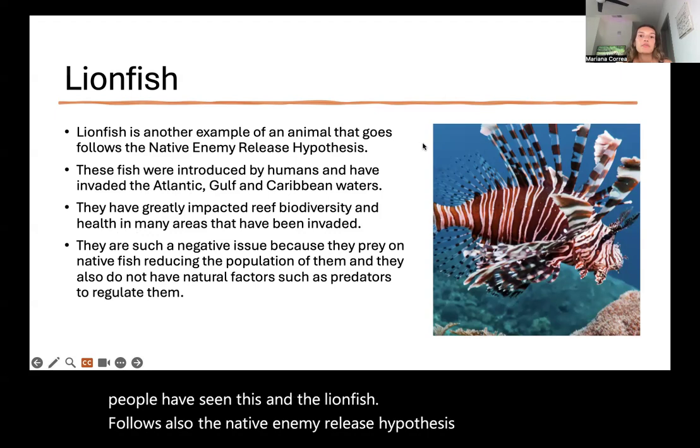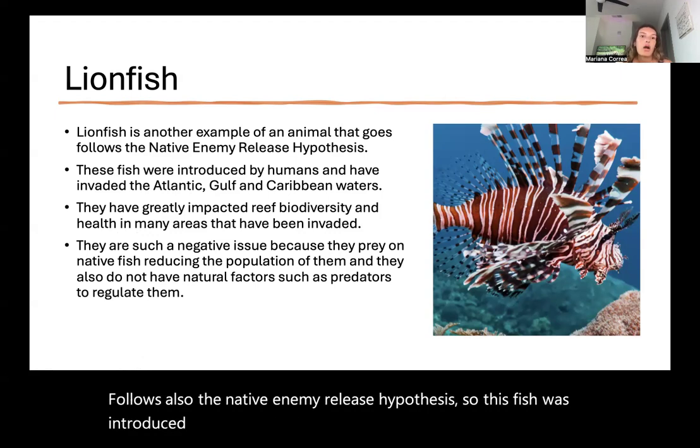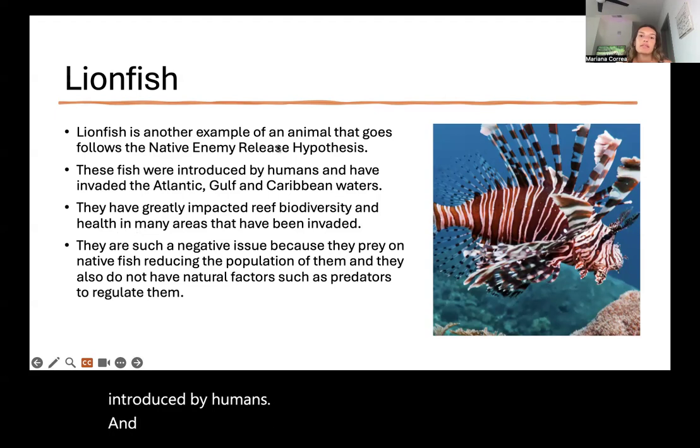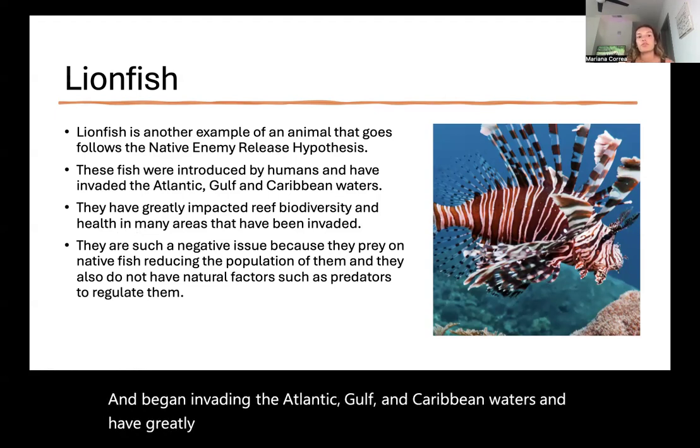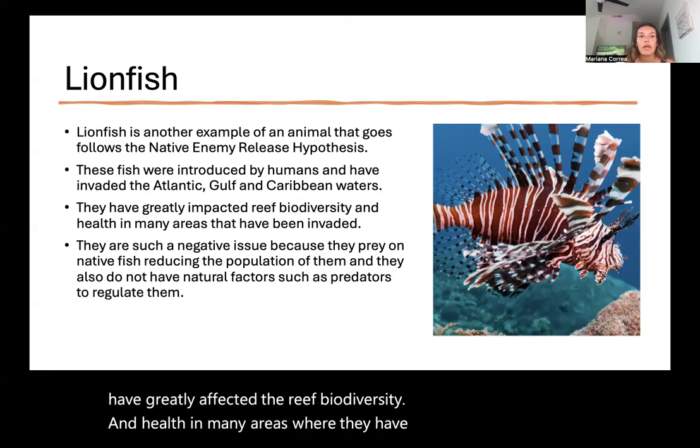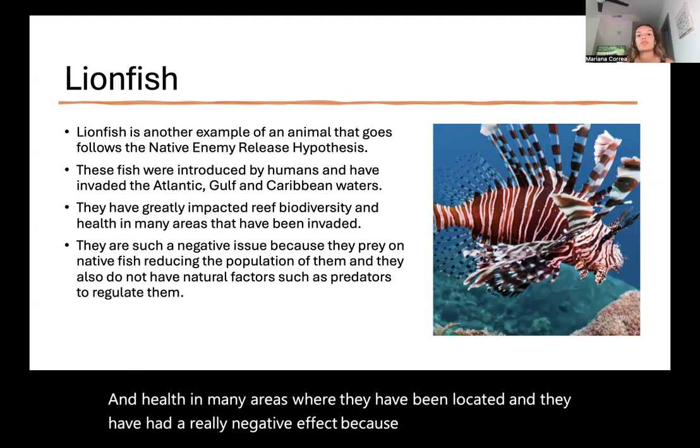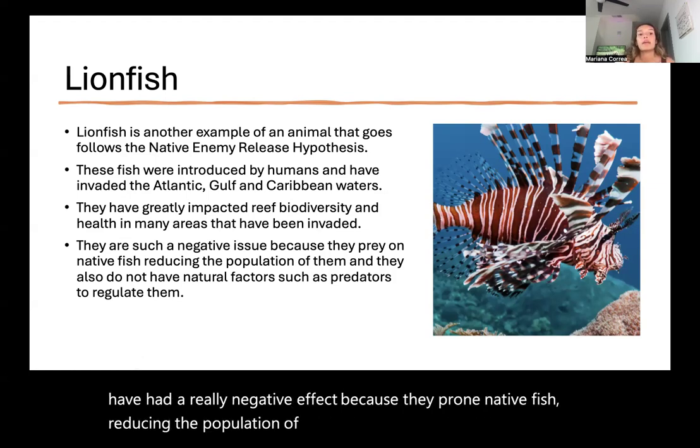This fish was introduced by humans and began invading the Atlantic, Gulf, and Caribbean waters, and it has greatly affected reef biodiversity and health in many areas where it has been located. They have had a really negative effect because they prey on native fish, reducing their population, and they do not have natural factors such as predators to regulate them.